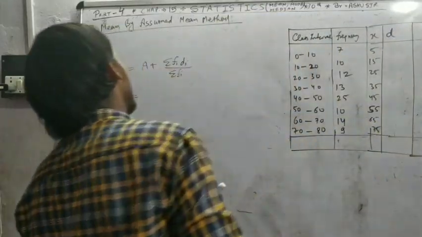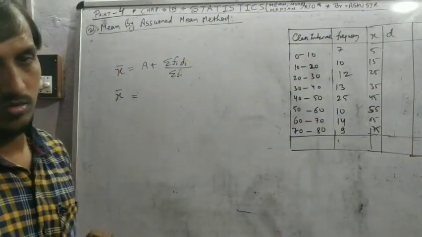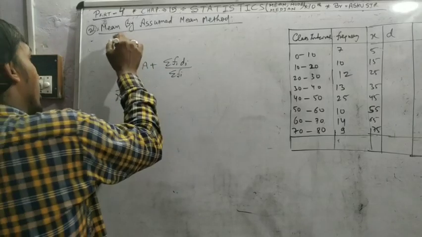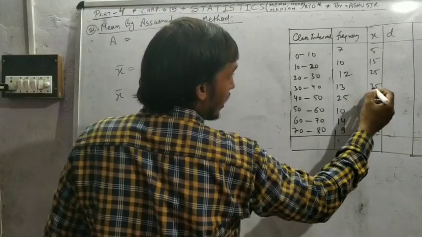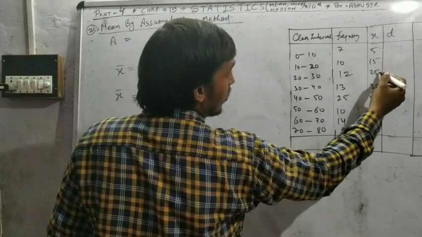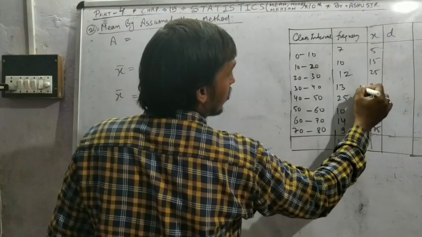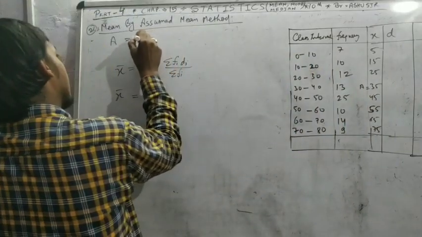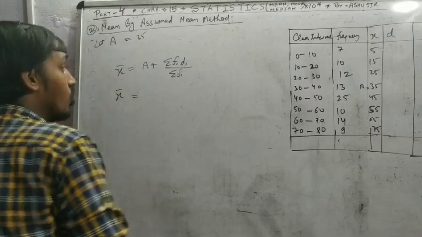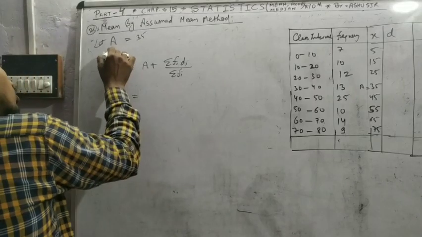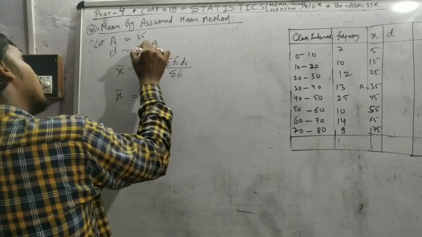Then we find d. Suppose we take a equal to 35. So d is equal to x minus a.